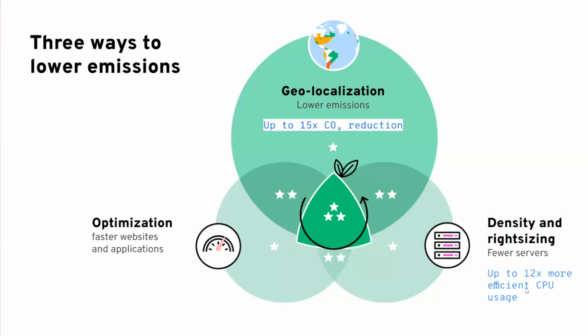There are really three aspects in optimizing this. The bigger one, we think, is the geolocalization of your computing resources, and you can make a huge improvement there, up to 15 times in terms of CO2 reductions.